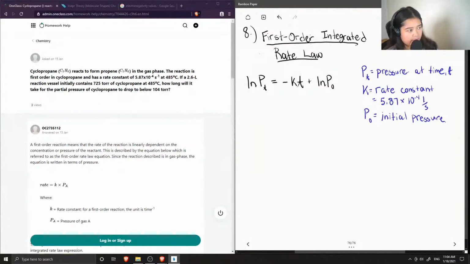We know that the reaction vessel initially contains 725 torr, so the initial pressure is 725 torr. And the pressure at time t, which is what we're trying to solve for, is equal to 104 torr.